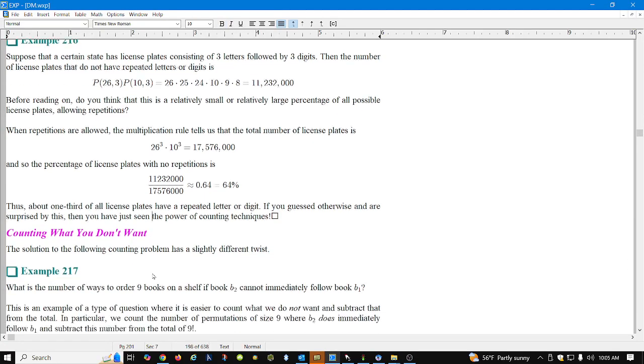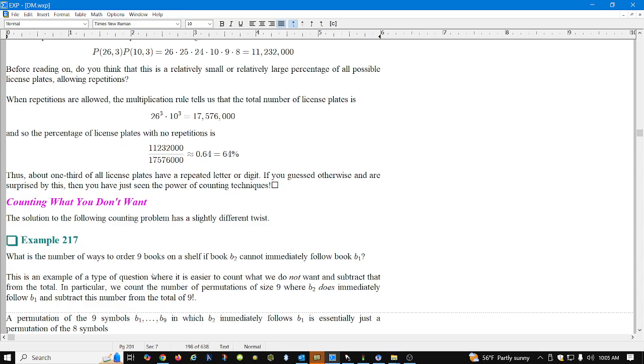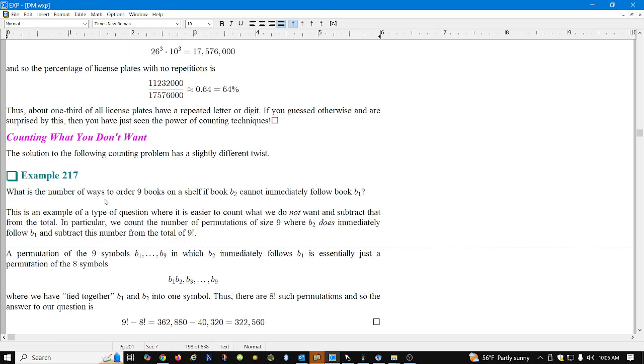Okay. The next example has a little different twist, but it's an important one, and it's one that comes up a lot. What is the number of ways to order 9 books on a shelf if book B2 cannot immediately follow book B1? I didn't want to make up titles because that's, again, irrelevant information.